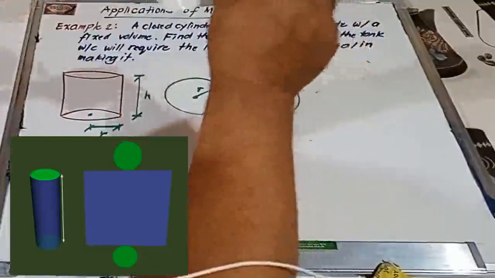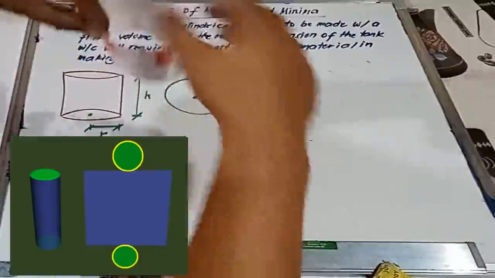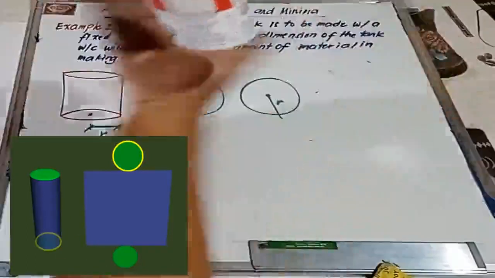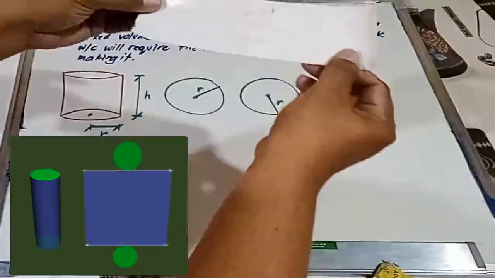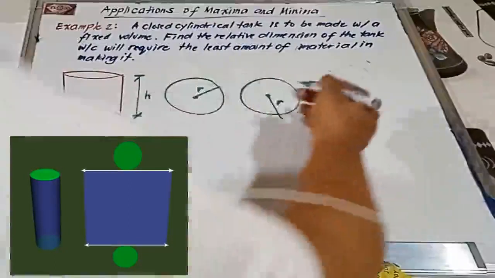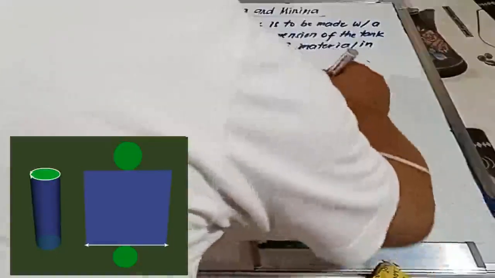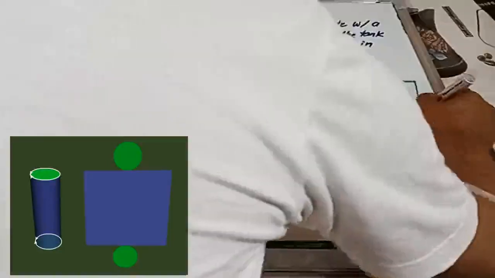Pero pag inikot mo, siya na yung surface. Okay? Yung gilid. Pag tinanggal, rectangular siya. Now, yun pang kailangan natin na material. Paikot na yon. Kapag tinanggal natin siya, rectangular siya.